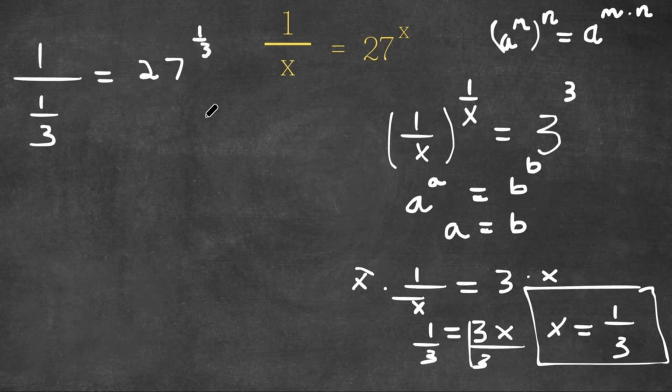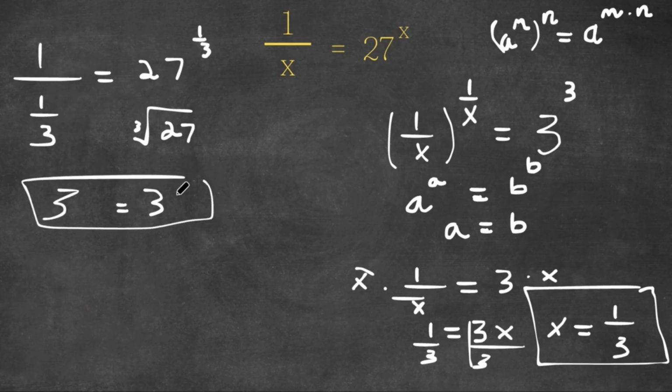Now, 27 to the power of 1 over 3 is the same thing as the cube root of 27. And the cube root of 27 is 3. So now we have 3 is equal to 3, because this is right, we know that our solution is right.